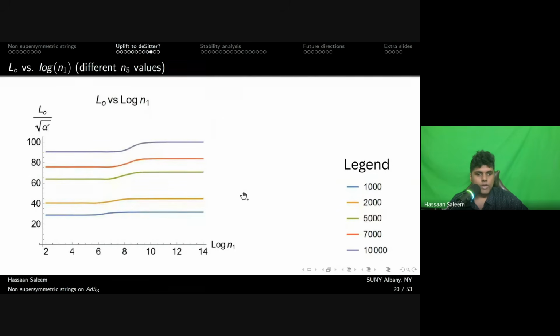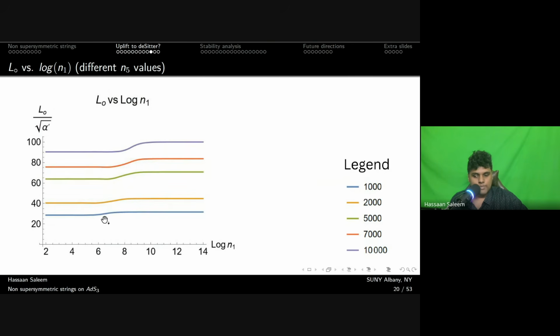Now we're going to plot some things. You can plot LO as a function of N1 flux, and there is dependence of LO and other quantities that I will plot on two kinds of fluxes, N1 and N5. To accommodate both of those dependencies, I can plot these quantities as a function of N1, but for different values of N5.